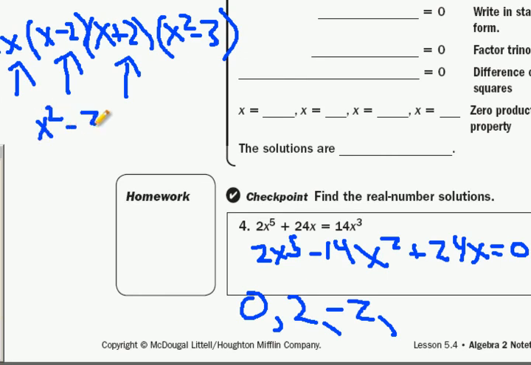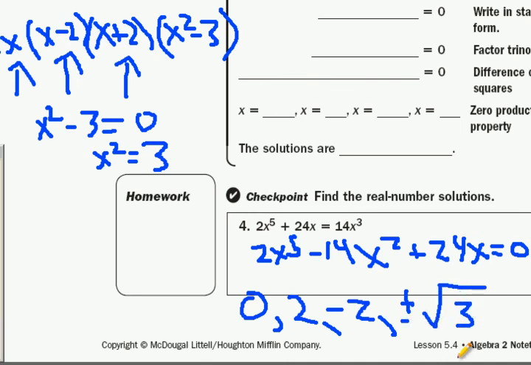Add 3 to each side. I get x squared equals 3. And so I get positive, negative, square root of 3. And that gives me 5 answers. 1, 2, 3, 4, and 5. And I should have 5 answers because it's a 5th degree polynomial.